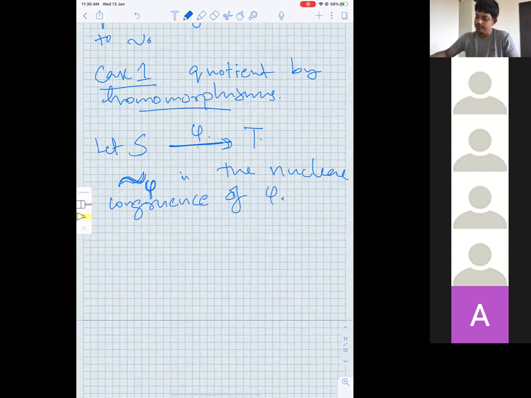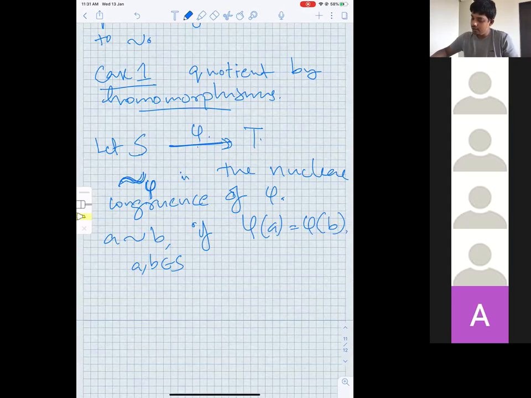What is that? I'll say A is tilde B, for A, B in S, if phi of A equals phi of B.